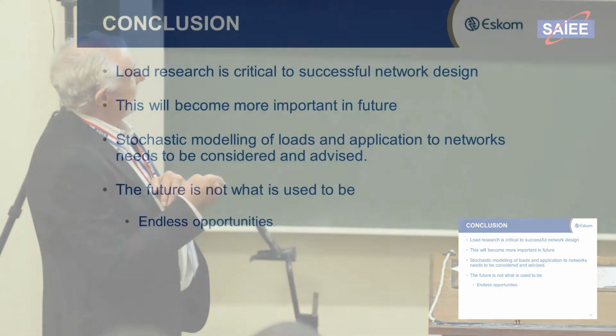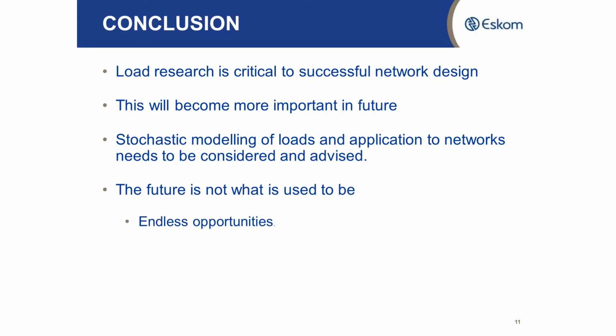So we also need to start looking, the loads will start to become more stochastic. At the moment, we are using a probabilistic design for loads, but in future they will become more stochastic. And really the future is not what it used to be. They're now looking at using blockchain systems for trading.